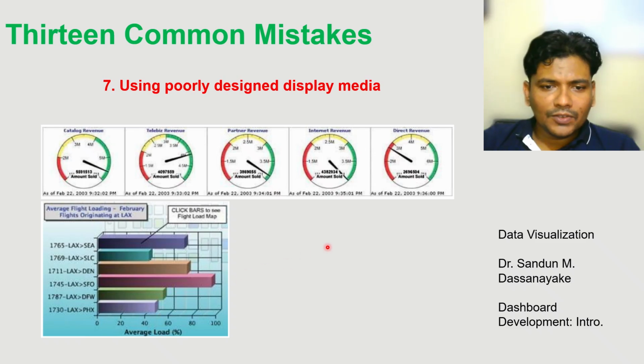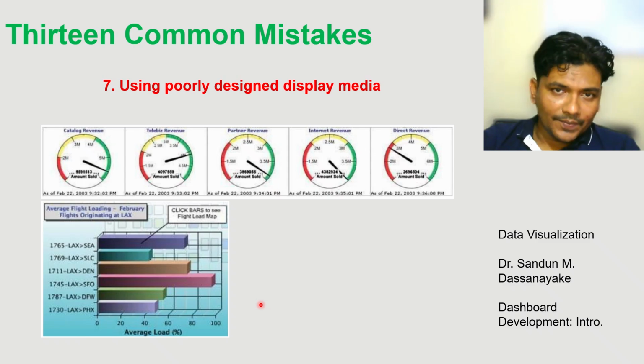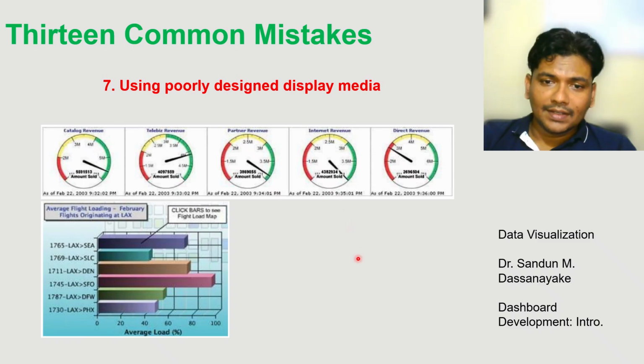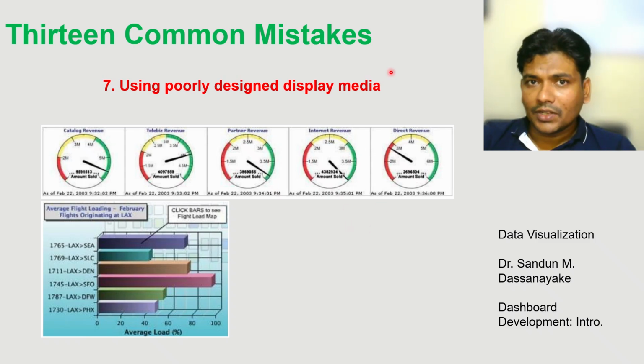It also shows data but with no context, and it's very difficult to understand the type of data and why these colors are used and all the tool tips and other details that you can see. So you need to always look for the right design for the data that you want.